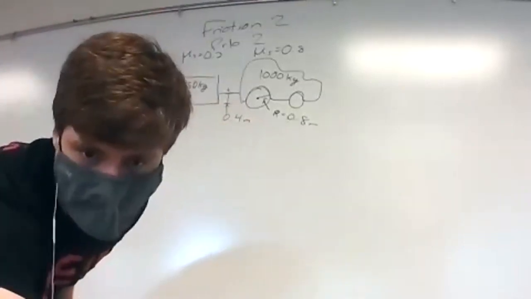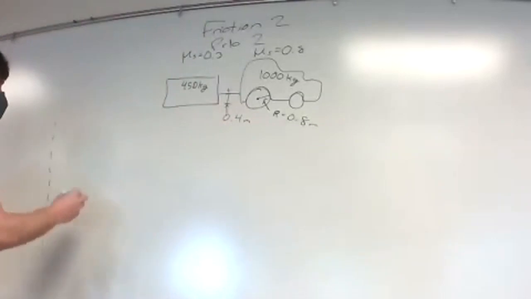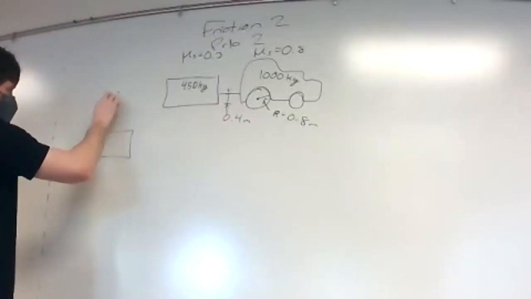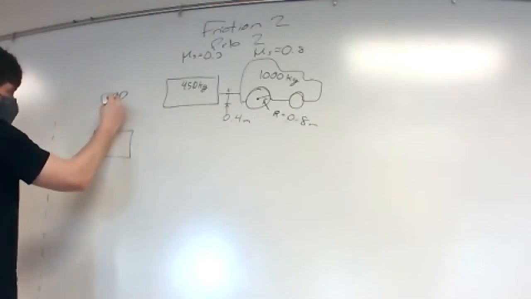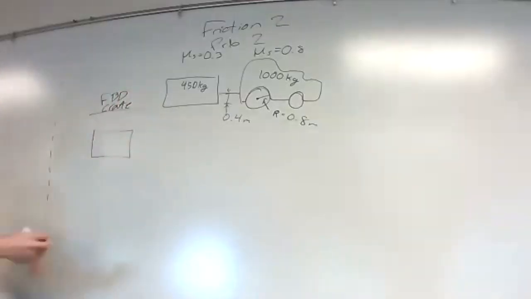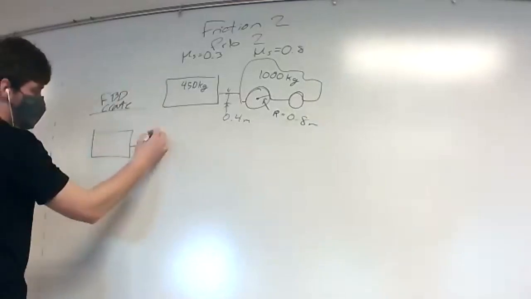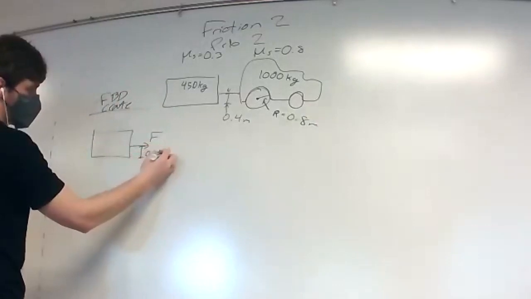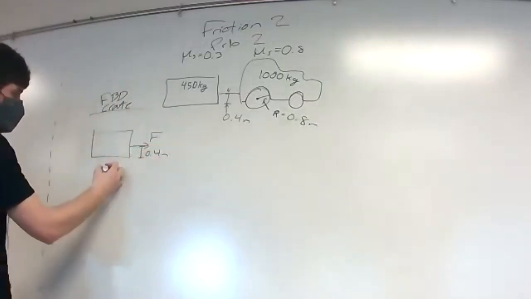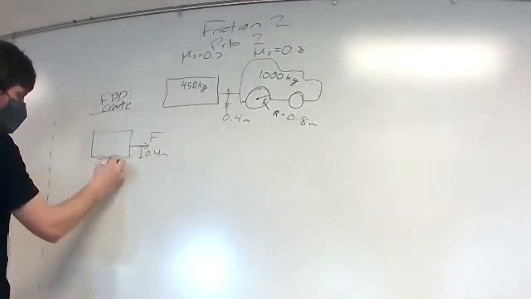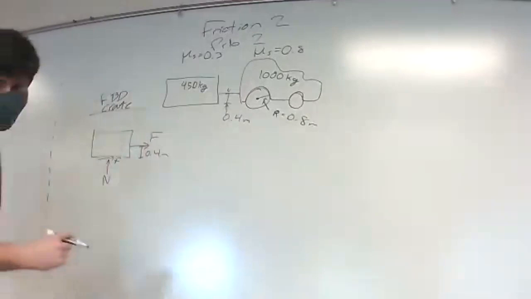So we can go ahead and say that our free body diagram of our crate, this is the FBD of the crate. This crate is going to have a force F here at a distance of 0.4 meters.